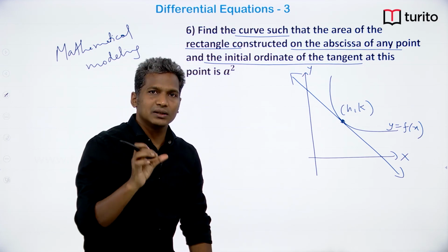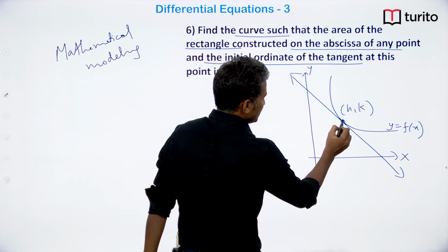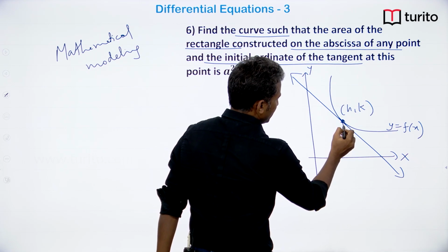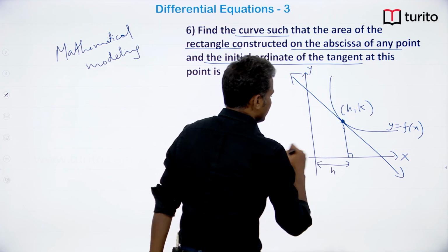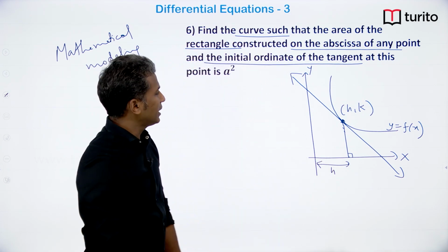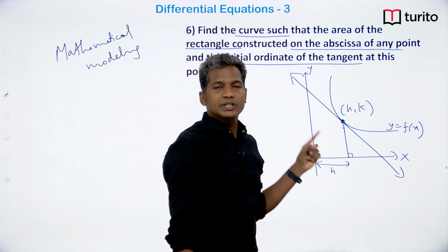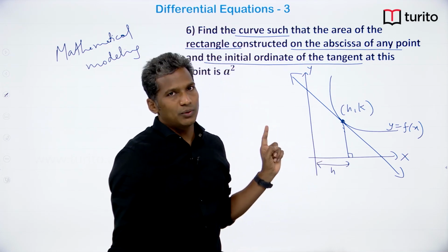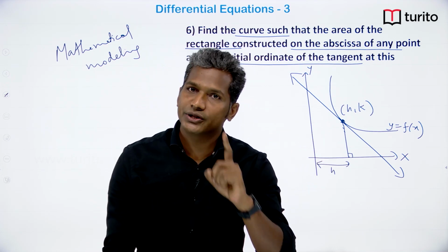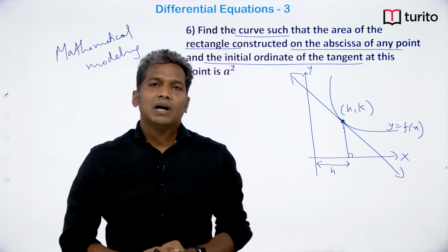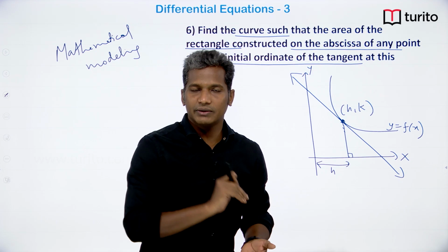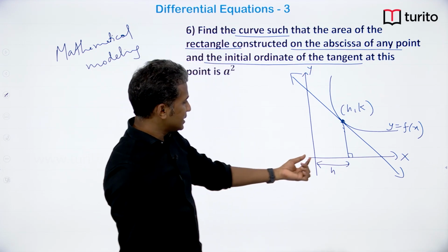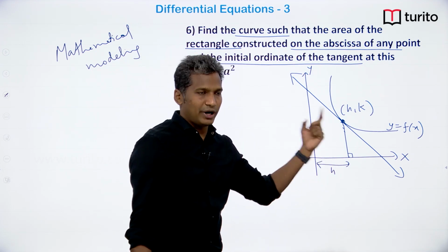Abscissa is basically the x coordinate, which means from here if I draw one perpendicular, this distance is going to be the abscissa, which is h comma k, okay. So see, this I keep on saying, whenever you are solving story problems, take the point as h comma k initially, and at the end after you get the differential equation, you may go for the x and y variables, okay. So this is our abscissa of the point.